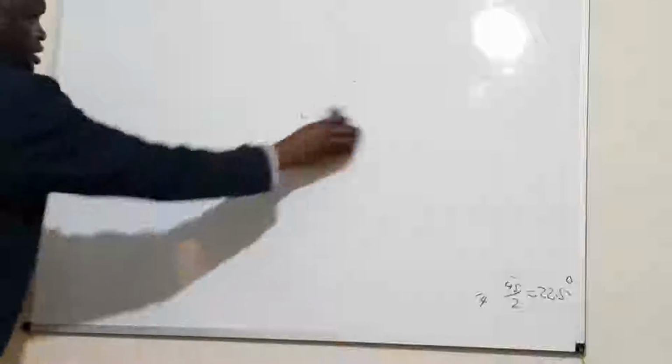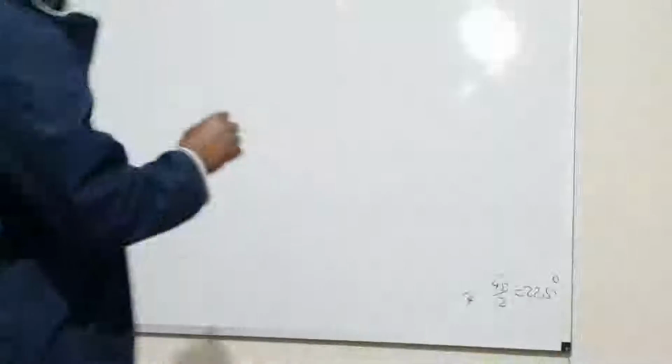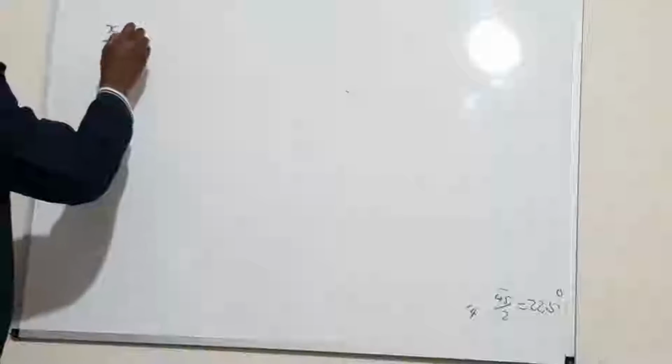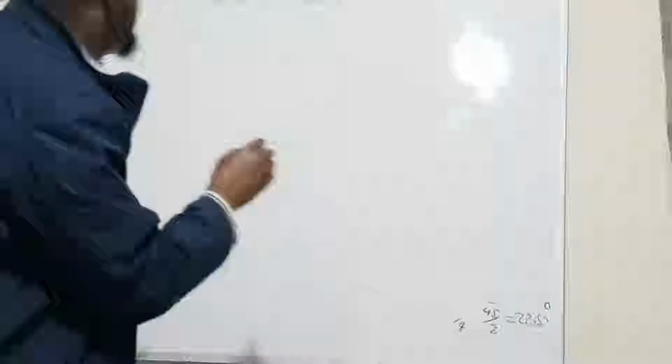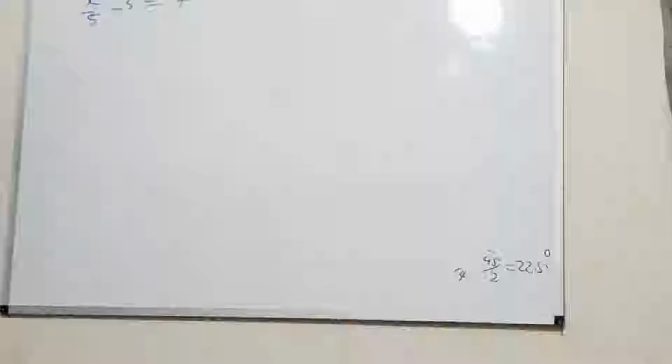Let's look at the ones where you need some manipulation first before you do it. Look at this: x over 5 minus 5 is equal to 7. What do you guys think?